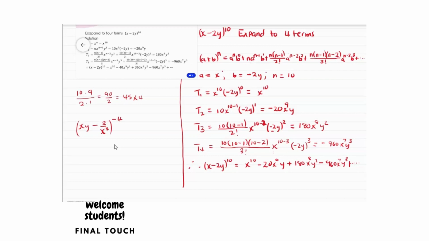What is very important is to make sure that you are defining your terms in respect of the formula. Then here it means our A is going to be xy, our B is equal to minus 2x, and our n is equal to minus 4. Substitute these terms as they are into the formula and simplify. That will be the answer.